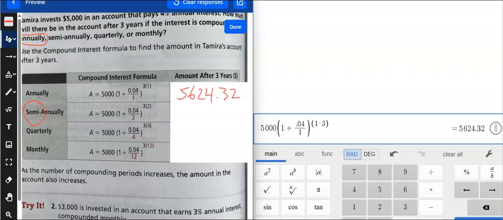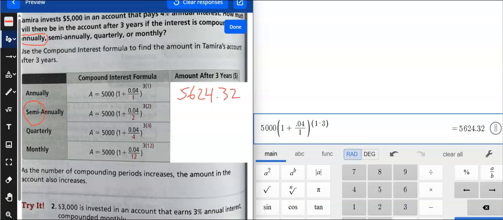Now, I want you to notice this term semi that they have put in front of the word. Have you ever seen a commercial for a furniture store that does a semi-annual sale? How many times a year are they doing the sale? They do it twice a year, right? Every 6 months they're doing this sale. So when they put semi in front of it, what does it do to the word annual? Annual means 1.